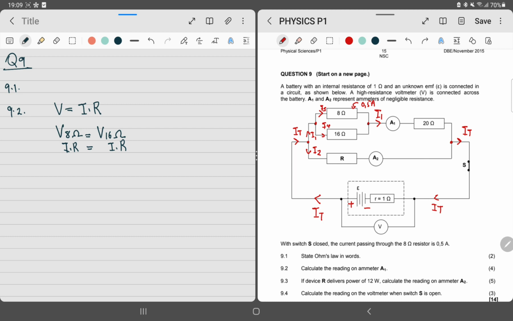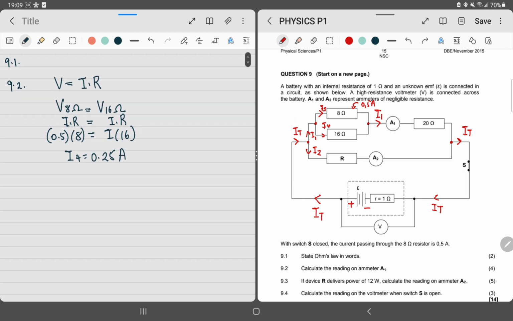The current on the 8 ohm resistor is 0.5, and the resistance is 8. We don't know what the current is there, but we do know that the resistance is 16. So I4 should be equal to 0.5 times 8 over 16. So this is 0.25 amps.